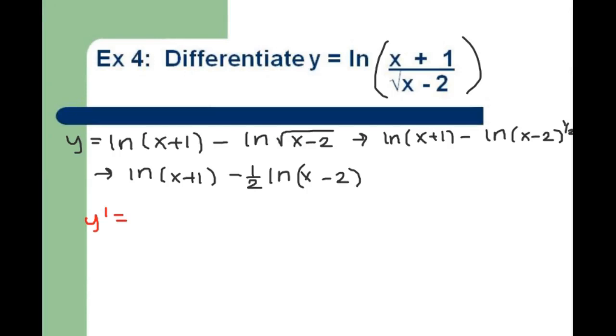So it's the natural log's derivative of the first term, which is 1 over u, which is x plus 1, times the derivative of x plus 1, which is simply 1, minus 1/2 times 1 over u, which is x minus 2, times the derivative of x minus 2, but the derivative of x is 1, and the derivative of negative 2 is 0.